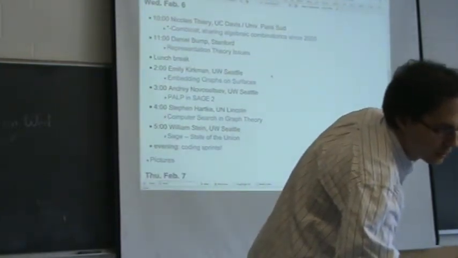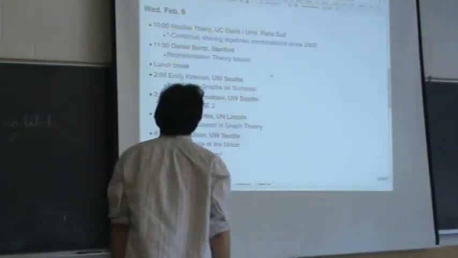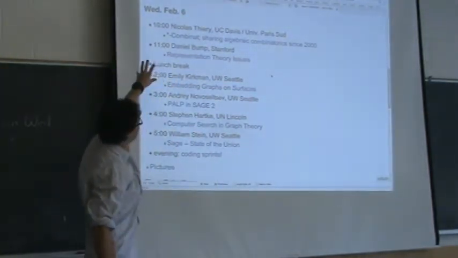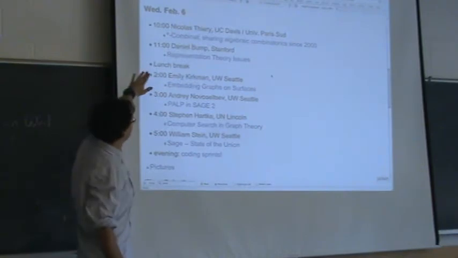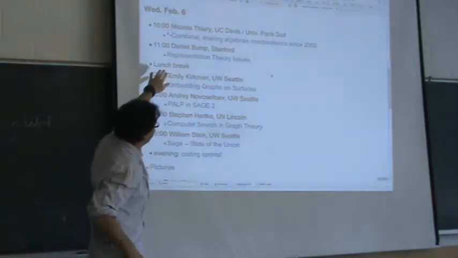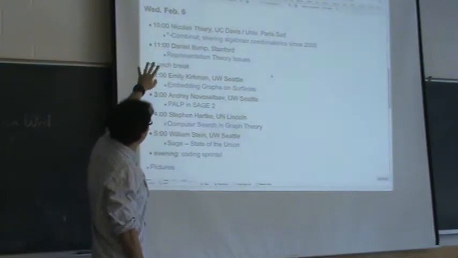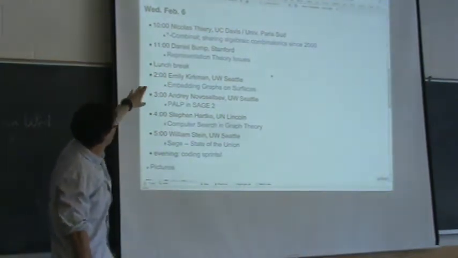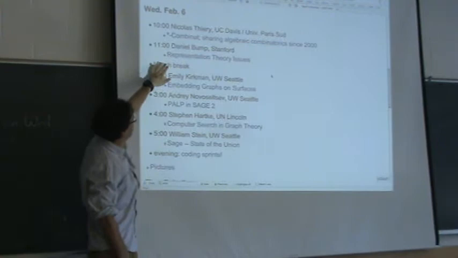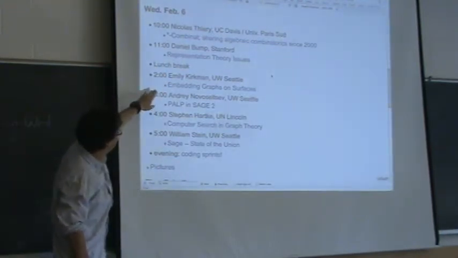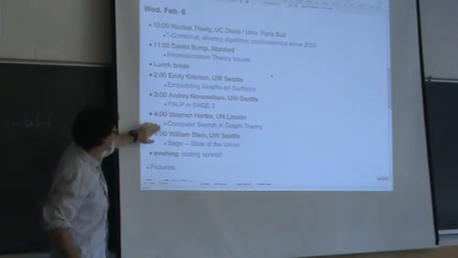So here's some more talks during the second day. The 10 o'clock talk is about this research group that works on algebraic combinatorics and implementing tons and tons of combinatorics for really quite almost a decade, and how they're thinking about or now moving over to Sage. And there's some discussion of representation theory by Dan Bump, who's a professor at Stanford, and then Emily here gave a talk on graph theory and so on.